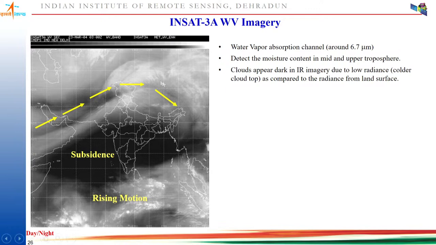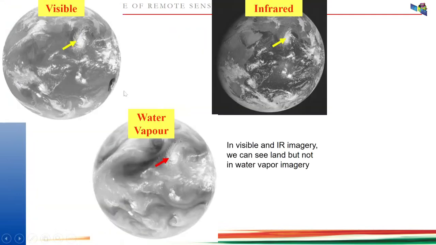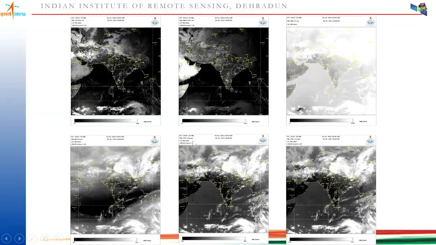So regions of high moisture absorb radiation from below and therefore correspond to lower brightness temperature. And from the cloud top temperature, we can identify different types of clouds. So in a nutshell, this is how it looks in the visible, infrared, and water vapor imagery, and how we interpret it.